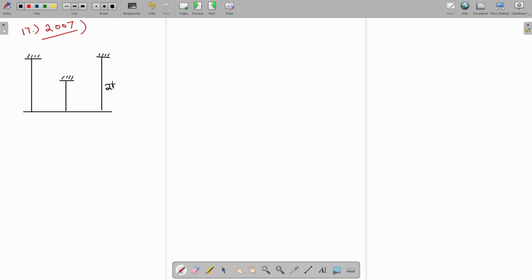This is 2A. This is also 2A. The length is 2L. Here the length is also 2L. Now for the middle rod, the cross-sectional area is 3A and the length is L. And there is a load acting here of 50 kilonewton.